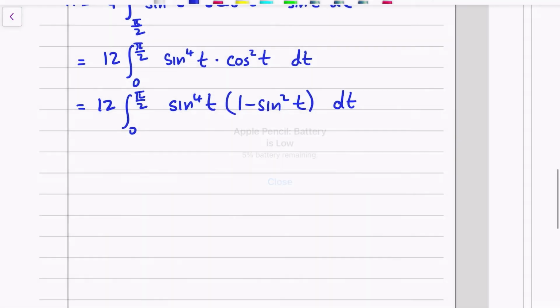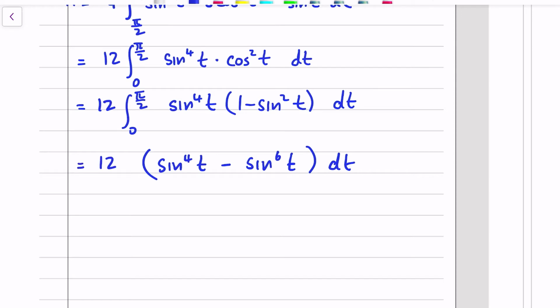And that means you're integrating sine to the 4 minus sine to the 6. And I think part A was a bit of a hint to us because we just found an identity for cos to the 6. So if we just find an equivalent identity for sine to the 6 and sine to the 4, then we'll be able to integrate it.